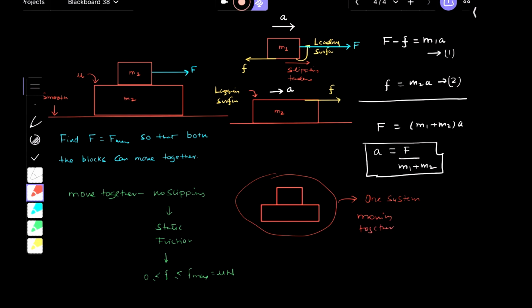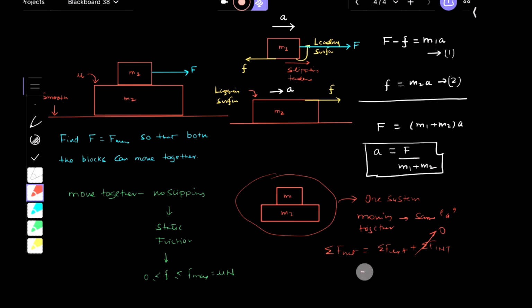So whenever every particle in a system is moving together, I can write in general that net force is net external force plus net internal force acting on a system. And net internal force is 0 only.